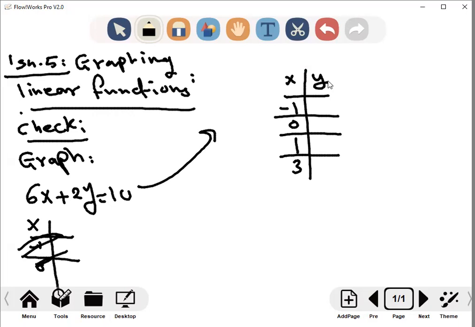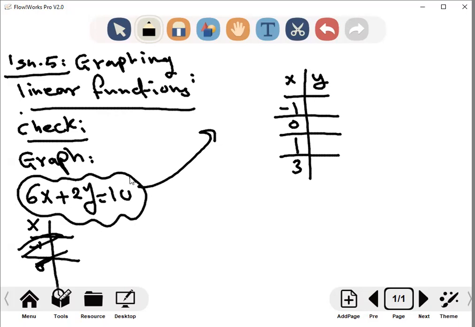But after we choose the values of x, can I choose other values of x? Like -2, can I choose -2? Yes, we can. So they are not specific values, right? Now, how do we find the values of y? To find the values of y, we need to prepare this equation.